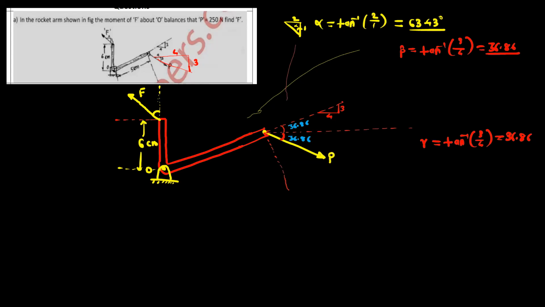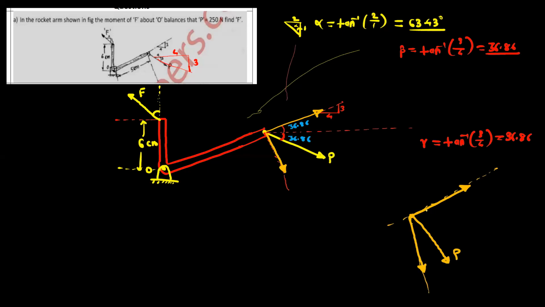So draw one component of force P along this direction, and a second component along this direction. I will draw it here. This is the net force P. For the time being, assume this is the x-axis and this is the y-axis. So we want to resolve this force in this direction and in this direction.